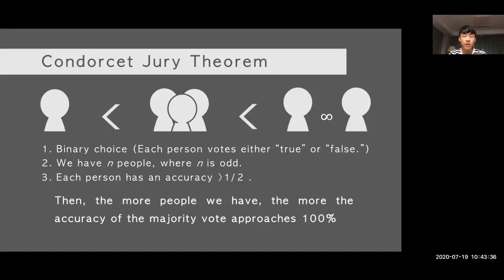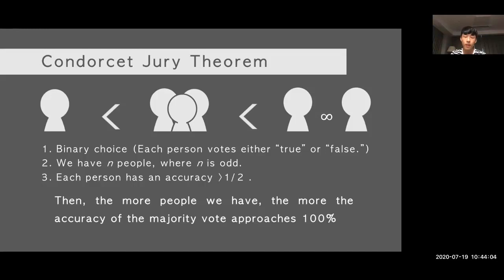And the reason why this can be applied in mathematical modeling is to change people to models. If we have n models where n is odd, and if we say that each model has an accuracy of over 1/2, then it means that the more models we have, the more the accuracy of the majority would approach 100%.